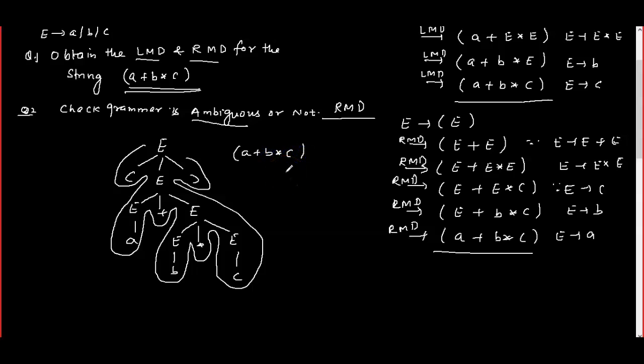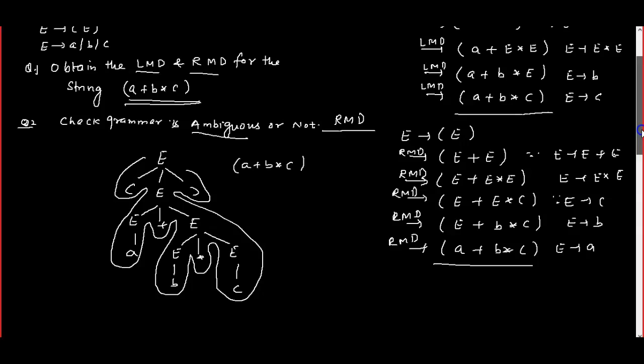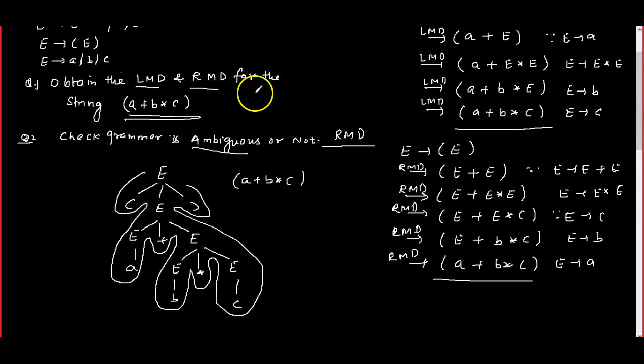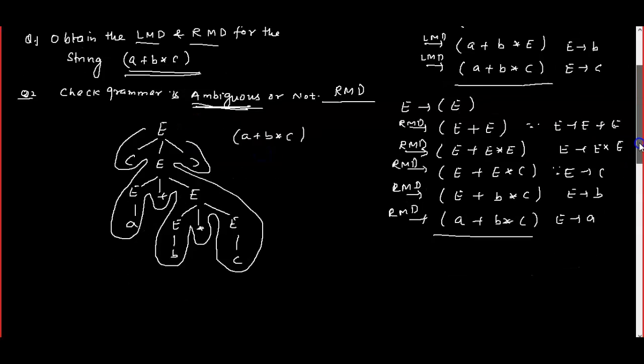Okay, any doubt till here? So this is about the LMD, RMD, and if you are given the parse tree, then you have to draw this. Now another, what is that? Ambiguity. So first I will define the ambiguity, then we will discuss the same question for the ambiguous grammar. Ambiguity definition, I will write it here.